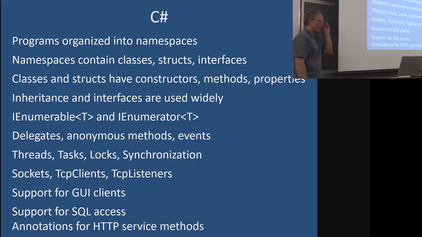I tried to list aspects of C# that we've learned. There sure are a lot of them, so I can't guarantee I got everything on the list here. Namespaces and structs and classes and interfaces, IEnumerable, delegates, tasks, synchronization, sockets, TCP, GUI clients, SQL, HTTP service methods.